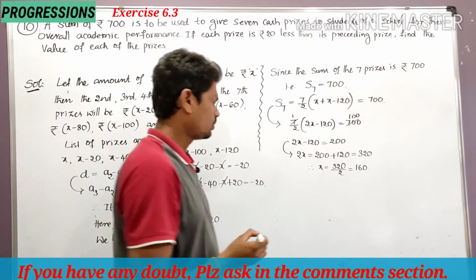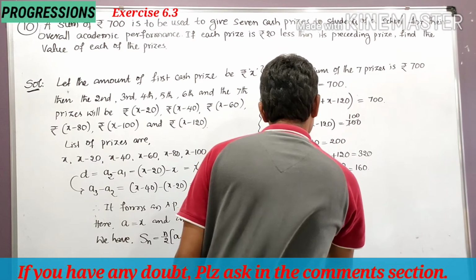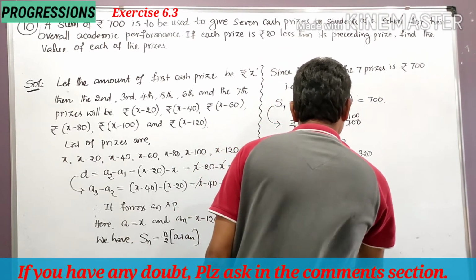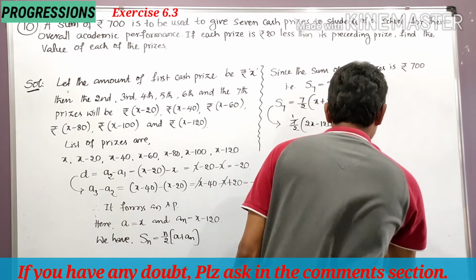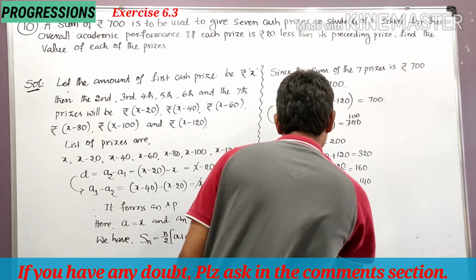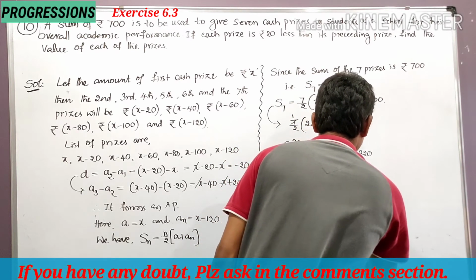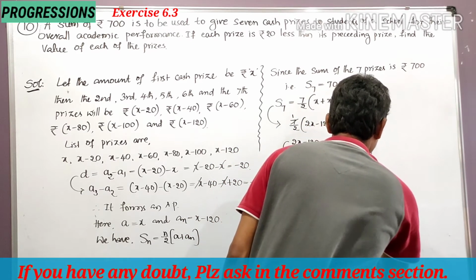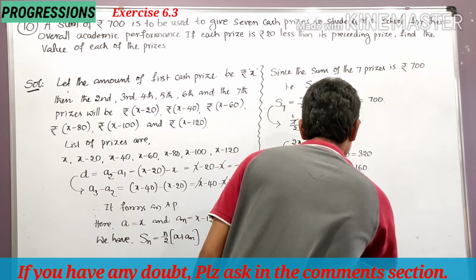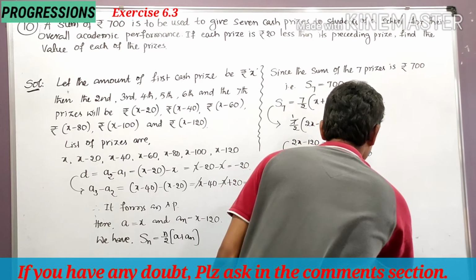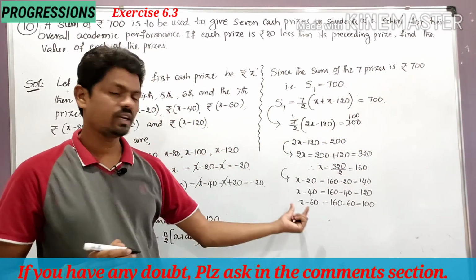So from this we find x minus 20 is equal to 160 minus 20, that is 140, and x minus 40 is equal to 160 minus 40, that is 120. In the same way x minus 60 is 160 minus 60, which is 100. We have to find the values up to x minus 120.